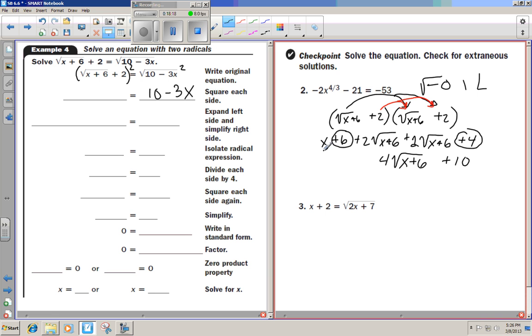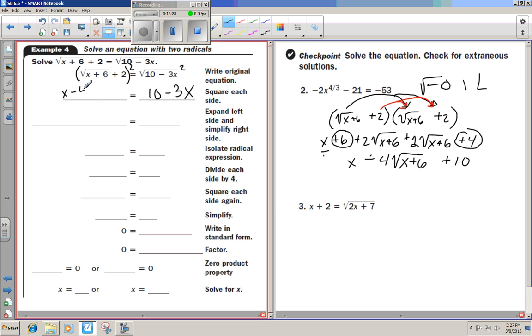And you have just the x here, so you've got x plus 4 square root x plus 6 plus 10. So, squaring each side gives us x plus 4 square root x plus 6 plus 10. All right. So expand left side and simplify right side.